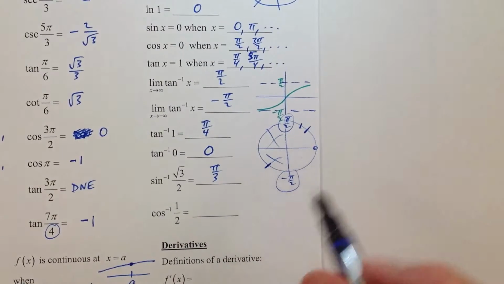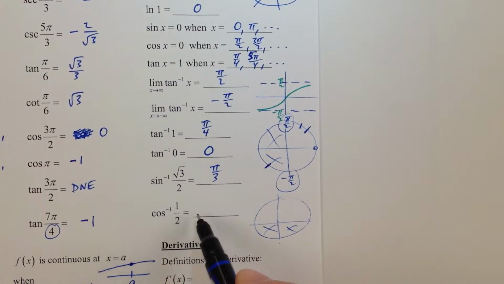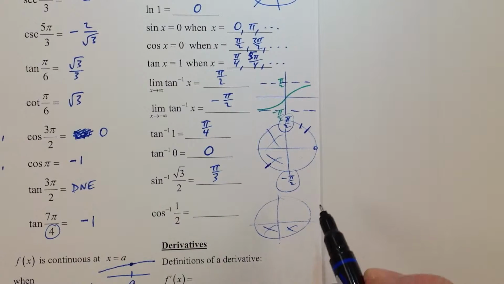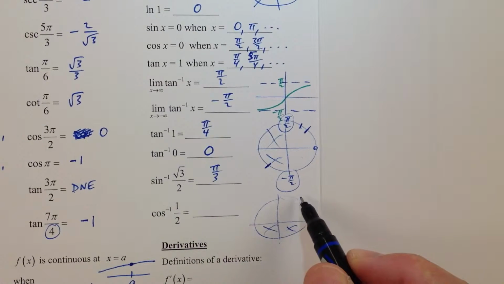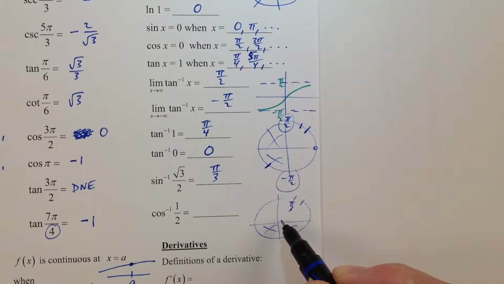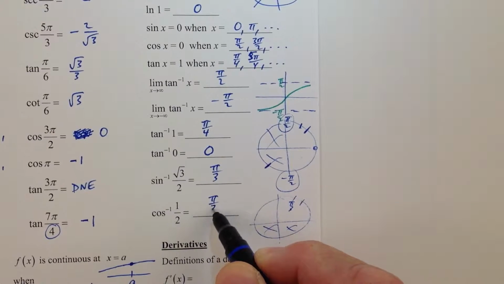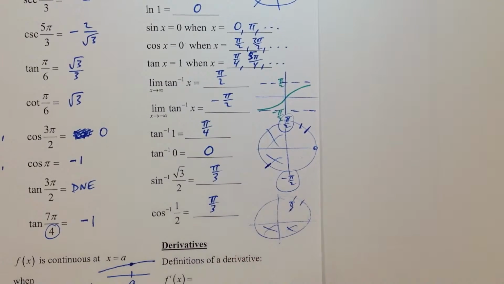Now on the other hand, the range for the inverse cosine is different. You're not allowed to use the third or fourth quadrants when we're dealing with the inverse cosine. So anyway, the cosine of pi over 3 is 1/2, and so that's within the range, and so therefore pi over 3 is the inverse cosine of 1/2.